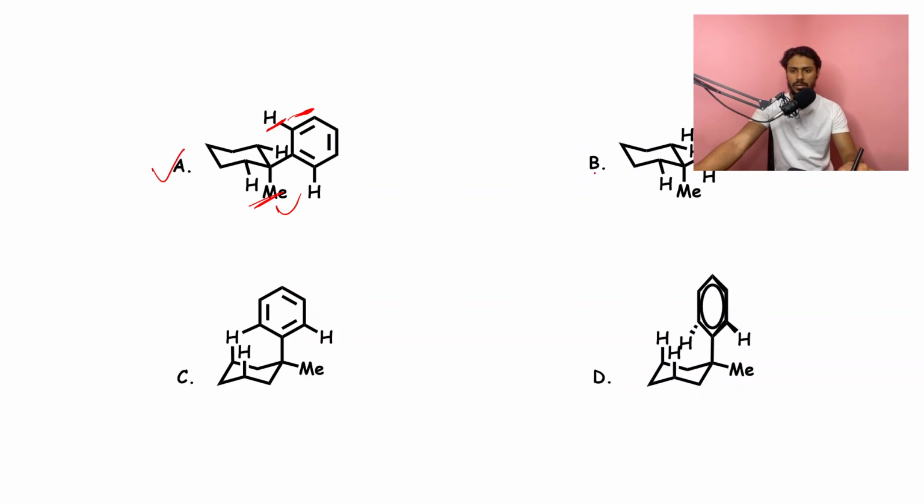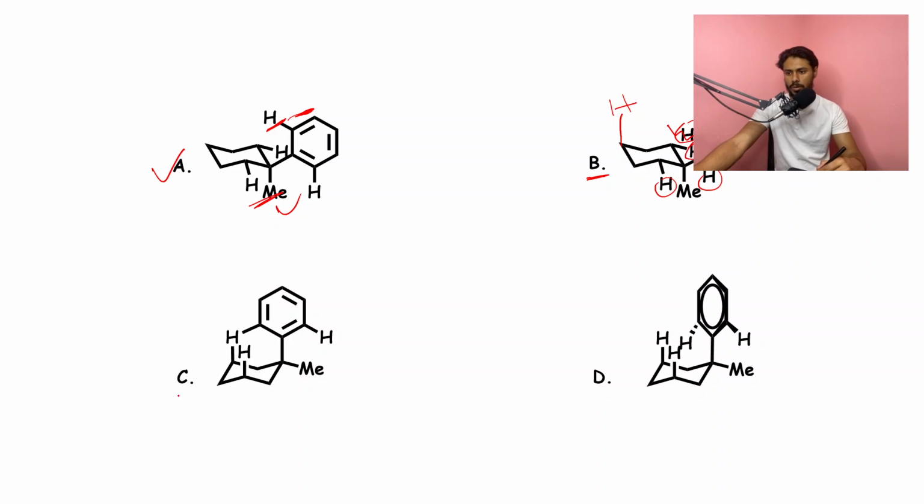Now let us look into B. In B, there is no 1,3 diaxial interaction with these hydrogen atoms, but you can see this equatorial hydrogen atom and this hydrogen atom are sterically interacting with each other, and here these and these, so there is a steric clash.